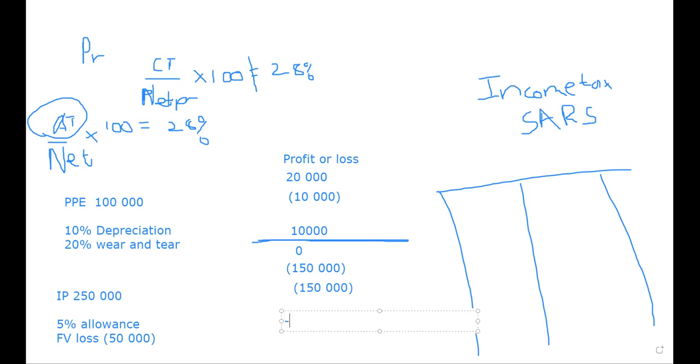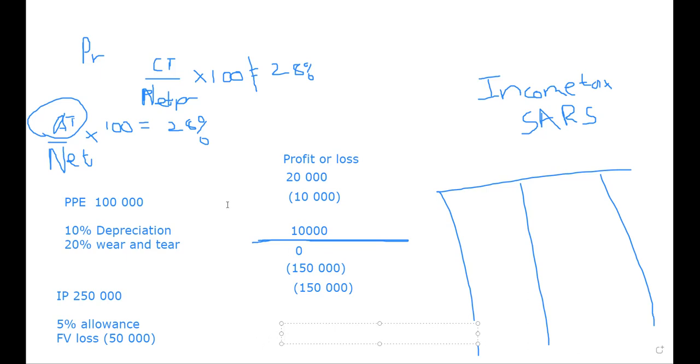So that 12,500 will not appear on the profit or loss side because it's a permanent difference. Like I said, deferred tax is for temporary differences. So it won't be there. So for tax purposes, it's just nothing there for deferred tax purposes, right? So that's for the tax side.